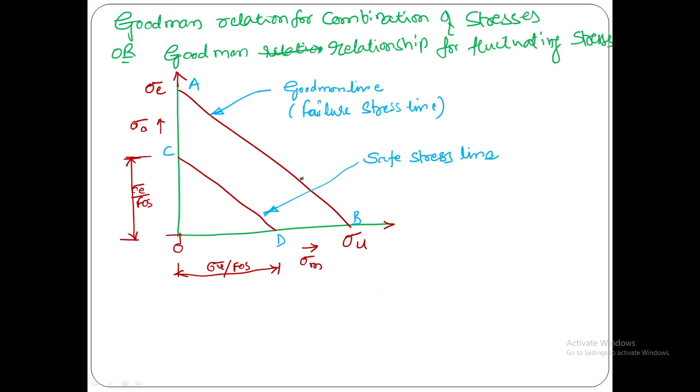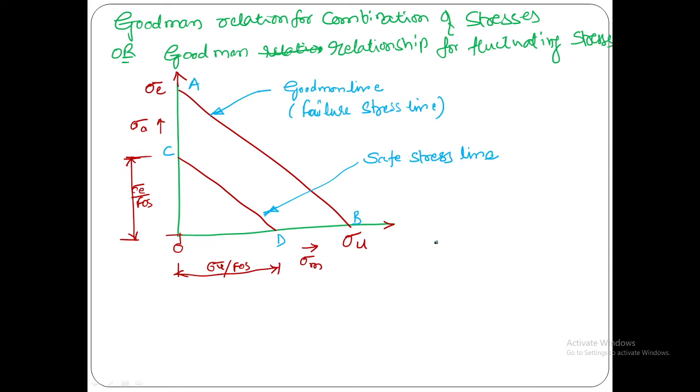Now the straight line which connects sigma e to sigma u is the Goodman line, which is the failure stress line, connecting the endurance strength to the ultimate strength.